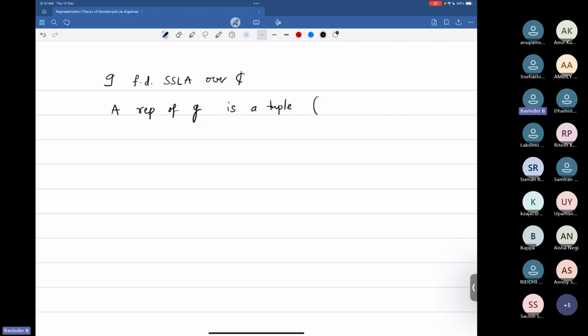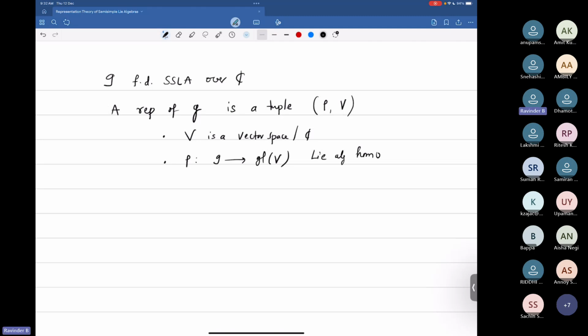You need a vector space V and you need a map. V is a finite dimensional or any vector space over C, and rho is a map from G to GL(V). So GL(V) is a Lie algebra, because it's an associative algebra, so this is a Lie algebra homomorphism.